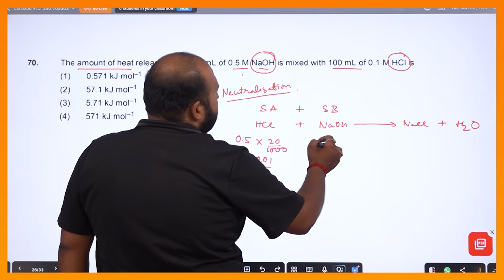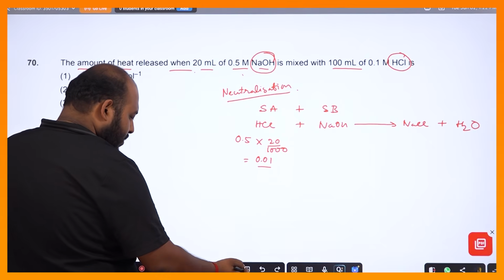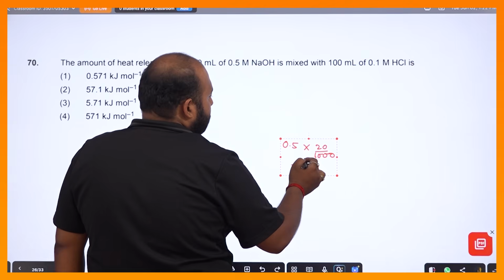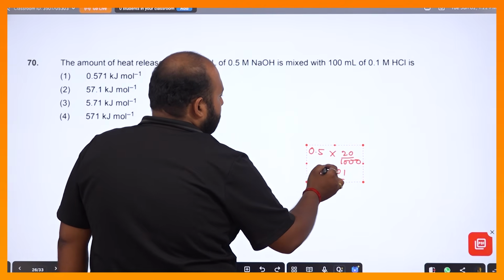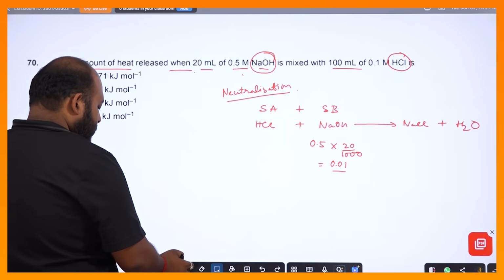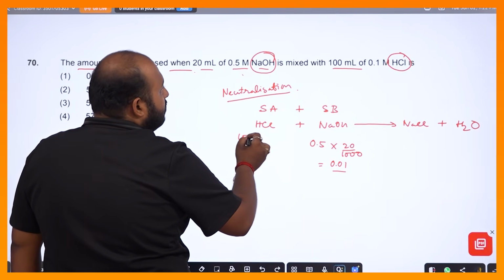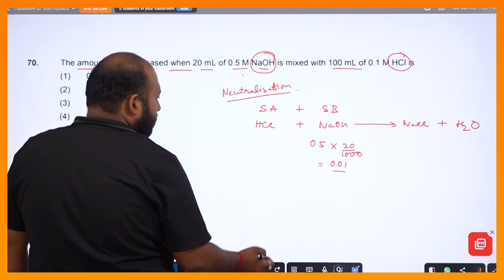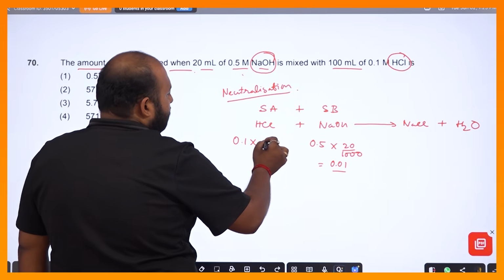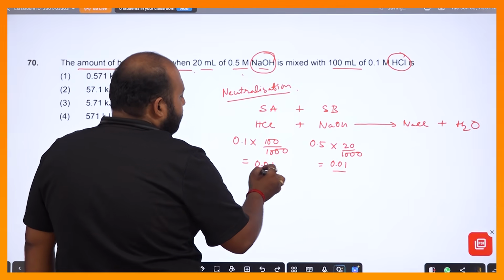And for HCl it will be 0.1 into 100 by 1000, so this is also equal to 0.01.